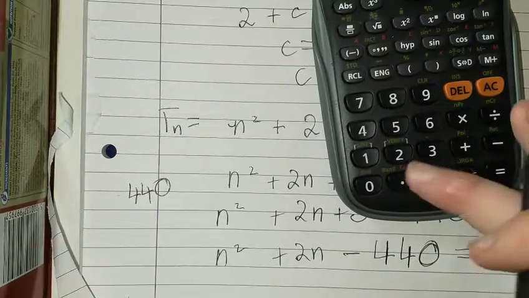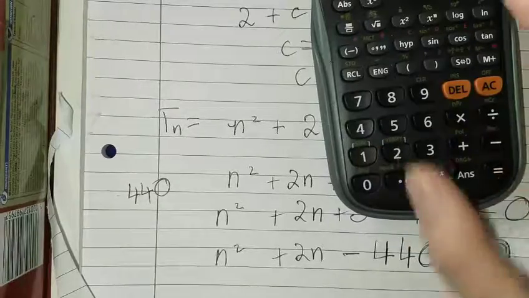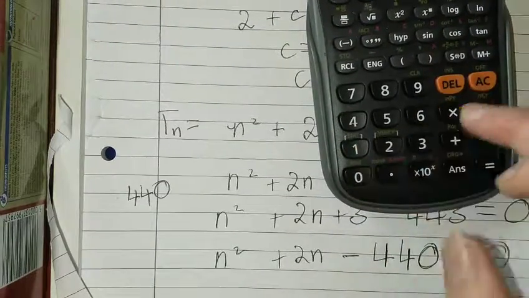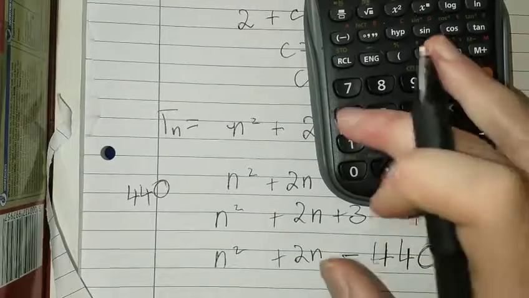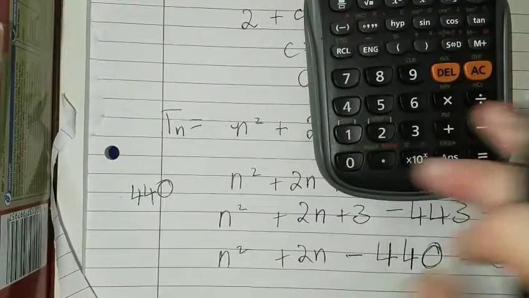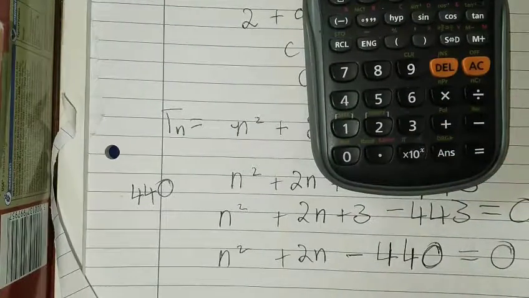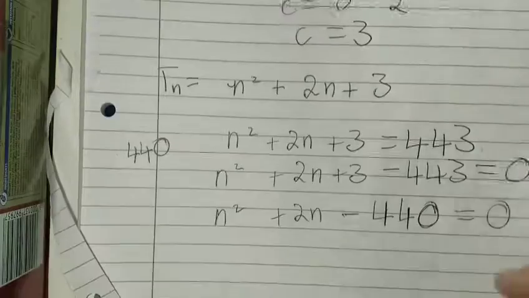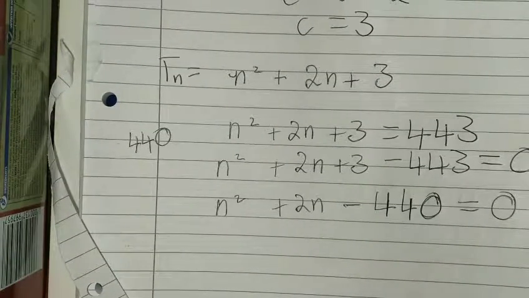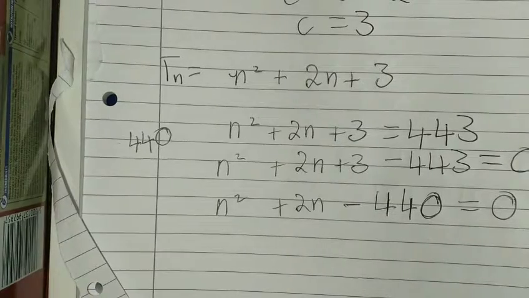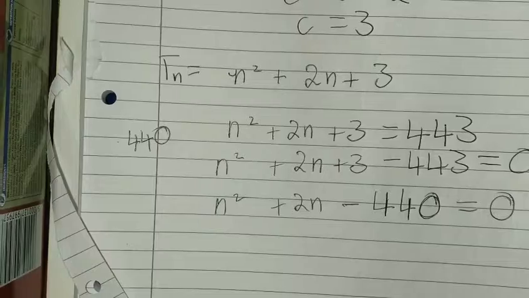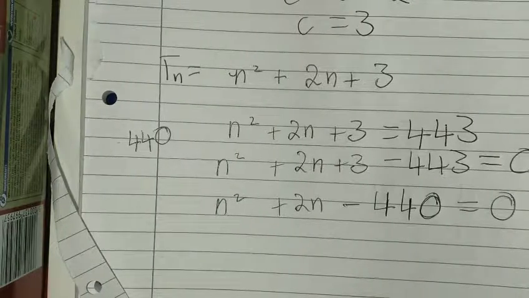So 20, no, 440 divided by 15, 16, 25. I might just use the minus b formula because it'll be hard to get the factors. Just give it another try if I can. So I'm just dividing by different numbers, 440.